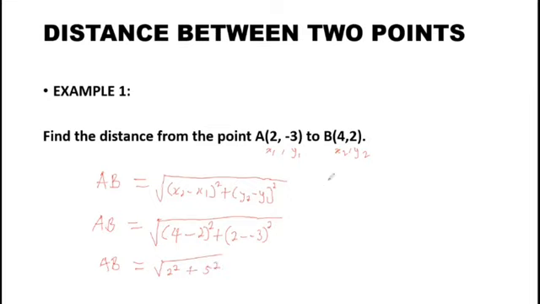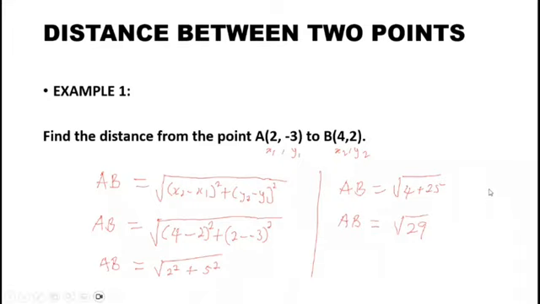So this becomes AB equal to the square root of 4 plus 25. So AB is equal to the square root of 29. And that's our answer. But in case you are required to leave your answer in decimals, then you type this into your calculator and you get the answer in decimals.